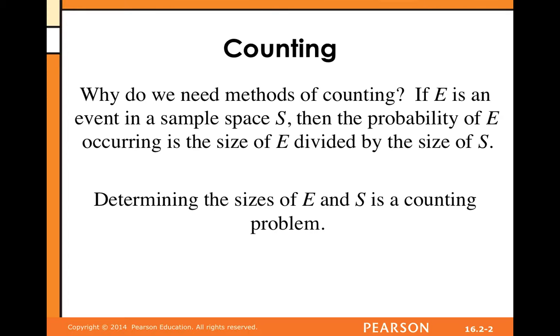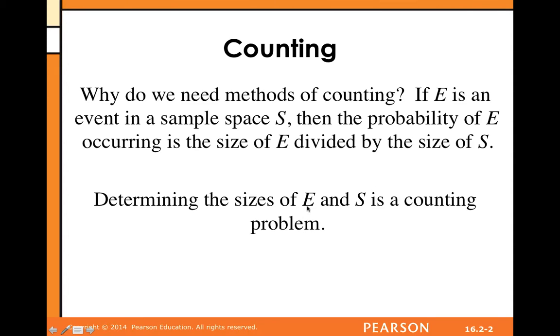Here is the answer. If E is an event in a sample space S, the probability of E is defined to be the size of E divided by the size of S. What does that mean? That means that if you want to compute the probability of something happening, and in this case that something is the event E, you need to be able to count how big E is.